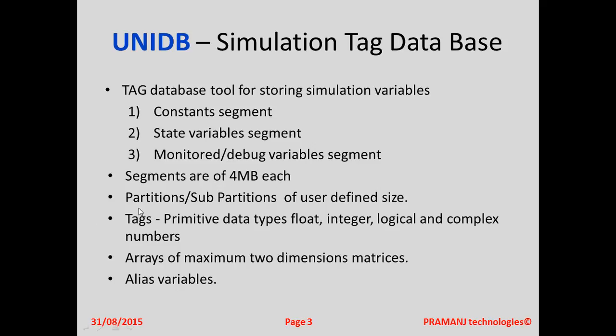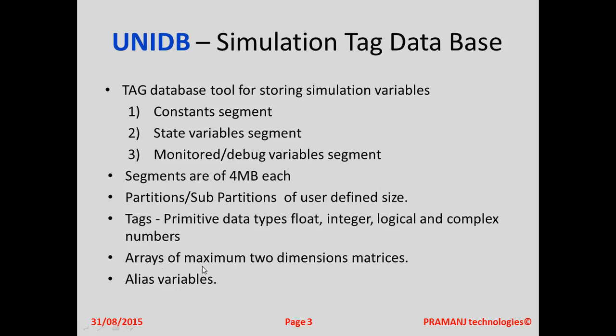User can define partitions and subpartitions in these segments to structure the address space based on plant systems and subsystems. Partitions can contain individual tags. Tags are of primitive data types such as float, integer, logical, and complex numbers.